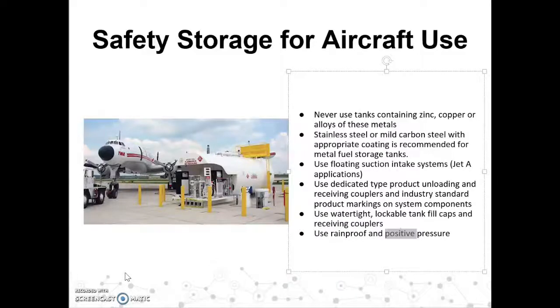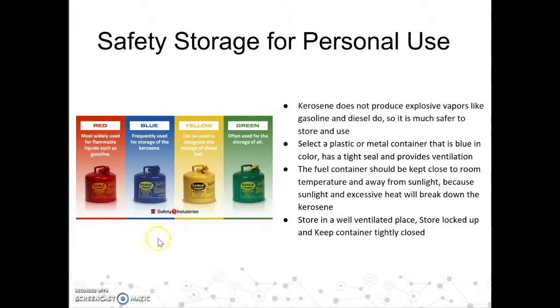Also use dedicated type product unloading and receiving couplings. And then in this tray, standard product marking on system components. Use watertight lockable tank fuel caps and receiving couplings. Also use rain-proof and positive pressure.